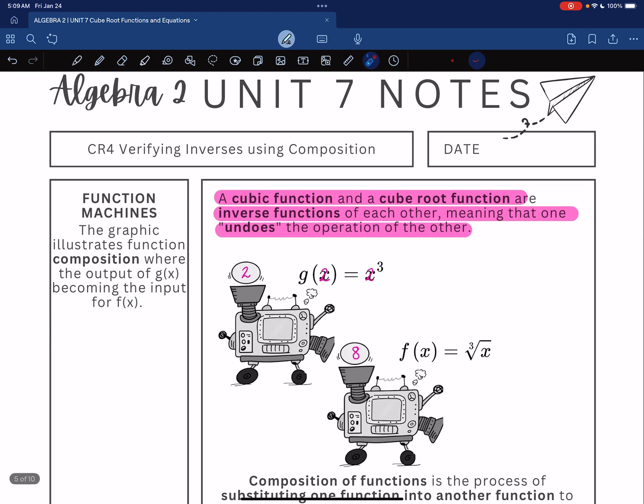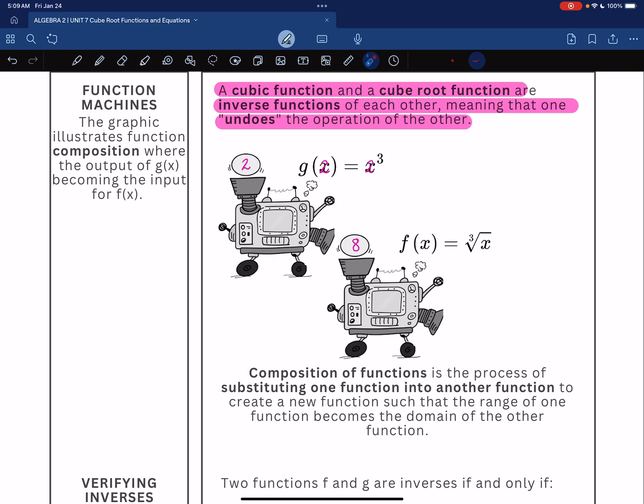And so when we have these inverse functions, check this out. When we allow 8 to be applied inside of the rule of our second function machine, we're taking the cube root of 8, and the cube root of 8 is 2.